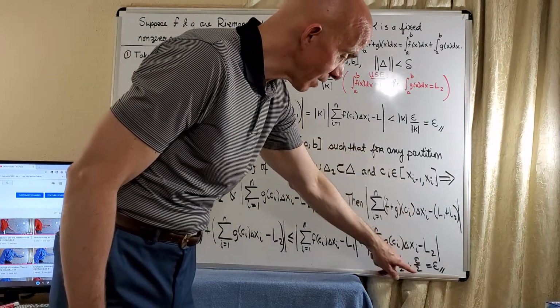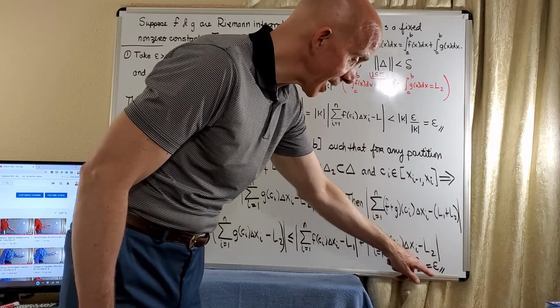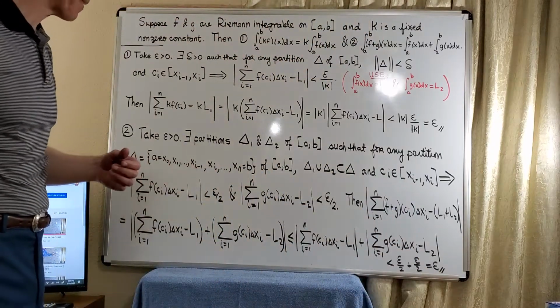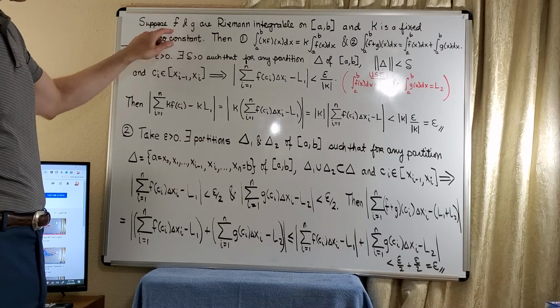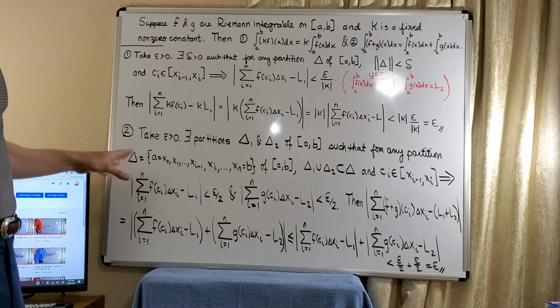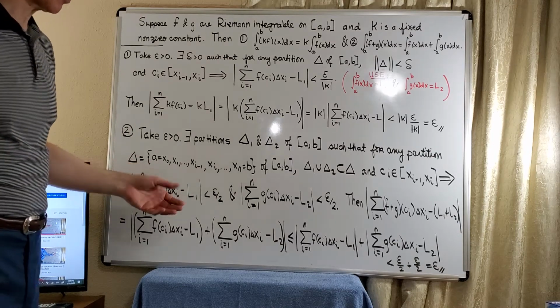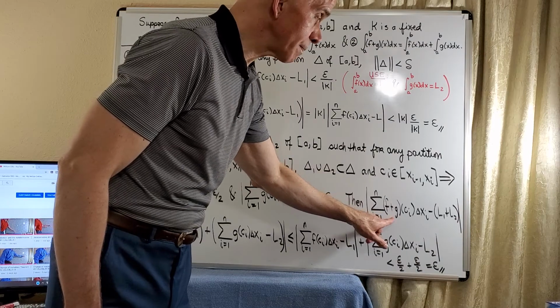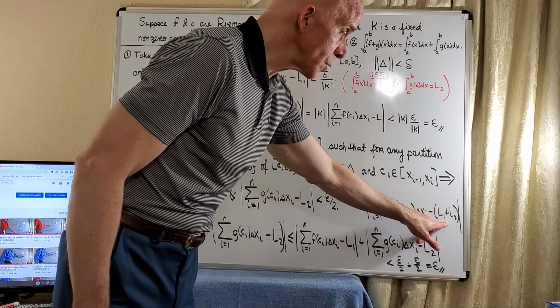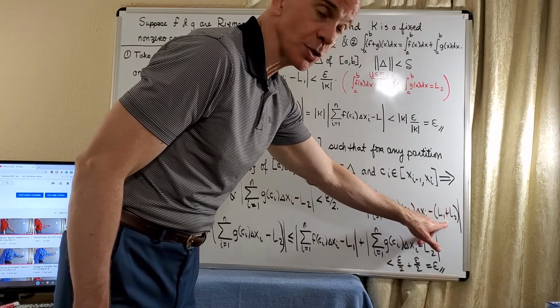This expression is bounded above by epsilon over 2, and that equals epsilon. So again, by assuming the existence of the Riemann integrals of f and g, we have shown that we can make, in this particular case, the Riemann sum of the sum arbitrarily close to the sum of L1 and L2.